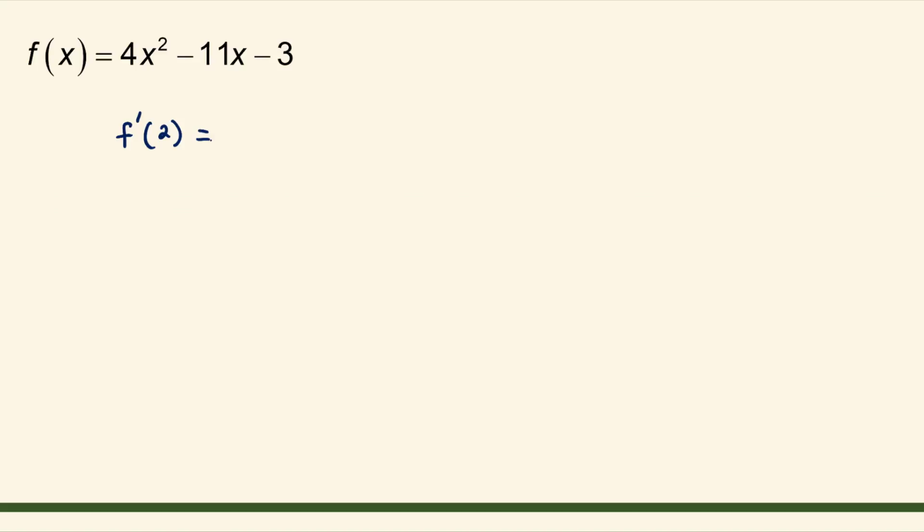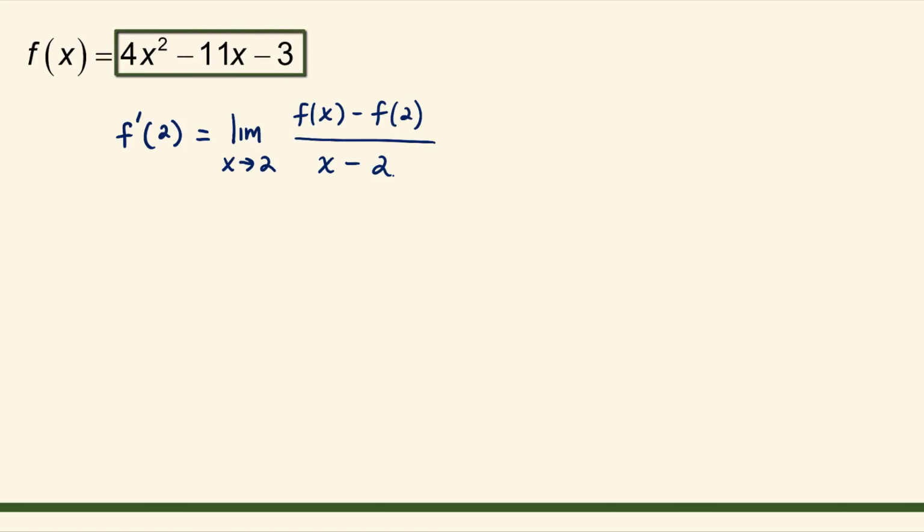F prime of 2 will equal the limit as x approaches 2 of f of x minus f of 2 all over x minus 2. Next, we will substitute 4x squared minus 11x minus 3 in for f of x.